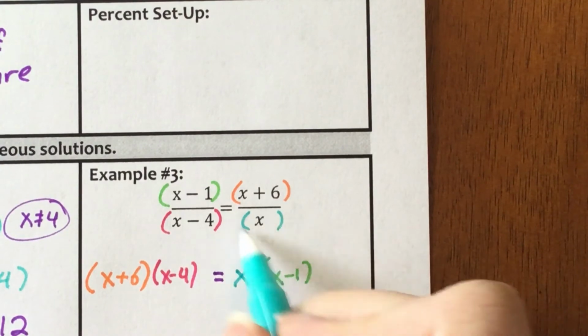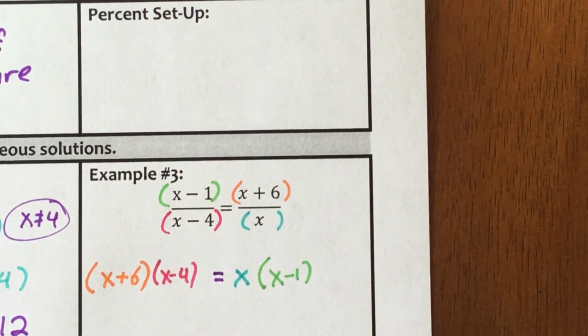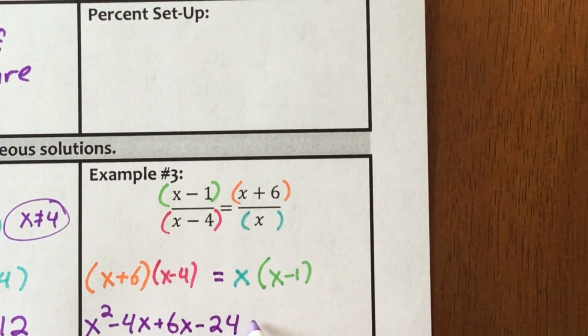The blue does not really need to be in parentheses because it was only one term. All right, we're going to have to distribute on this left one. x times x is x squared. x times negative 4 is negative 4x. 6 times x is 6x. And 6 times negative 4 is negative 24. Right, because 2 terms times 2 terms is going to get you 4 terms.